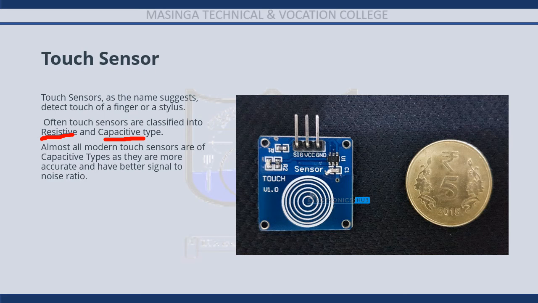In recent years, capacitive touch sensors are more common because of the accuracy and better signal to noise ratio, meaning they suffer from less interference.